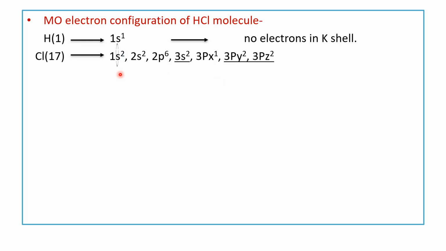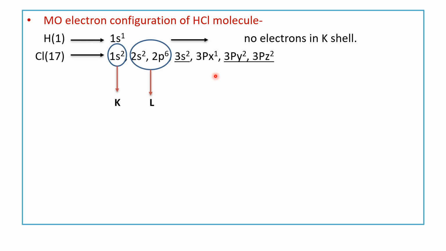For the 1s2 electrons, in the MO electronic configuration we have to use the letter K. Why K? Because they are present in the first shell, and that first shell is known as the K shell. Whereas for the 2s2 and the 2p6, we have to use the letter L, because these electrons are present in the second shell, that is the L shell.